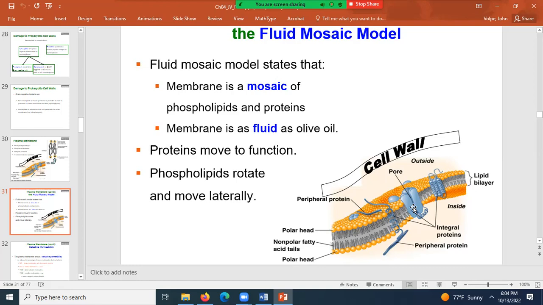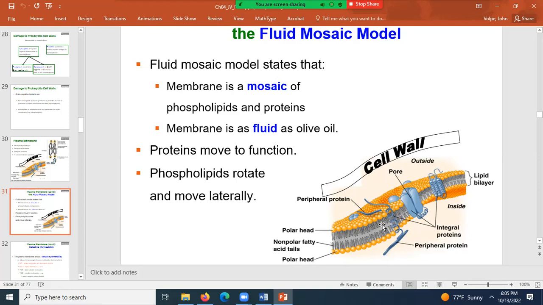And that's true of many proteins in the cell membrane, that they can move about in the cell membrane. The phospholipids themselves can rotate around as well as move around. And so they move around in the cell membrane.